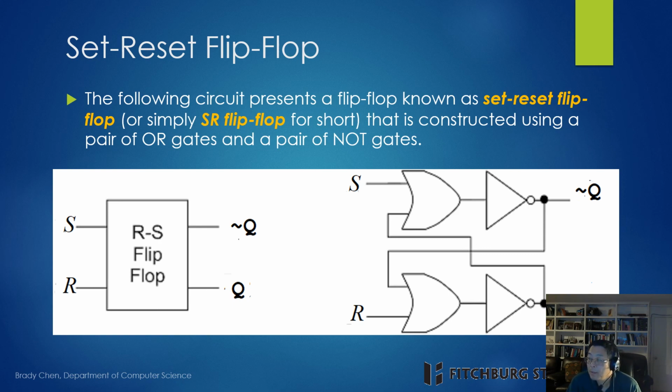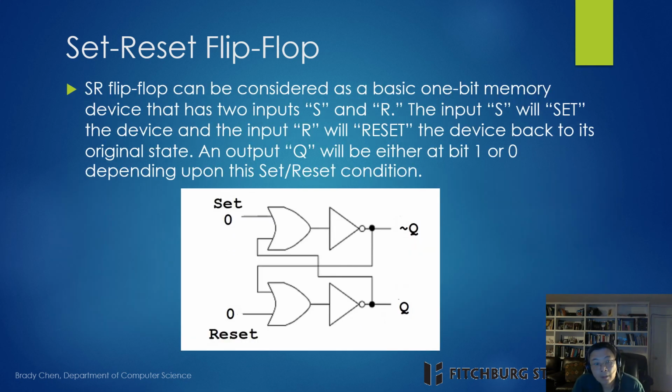This flip-flop is constructed using a pair of OR gates and a pair of NOT gates. So we basically use 4 gates. As we can see from the diagram, an SR flip-flop can be considered a basic 1-bit memory device that has 2 inputs.